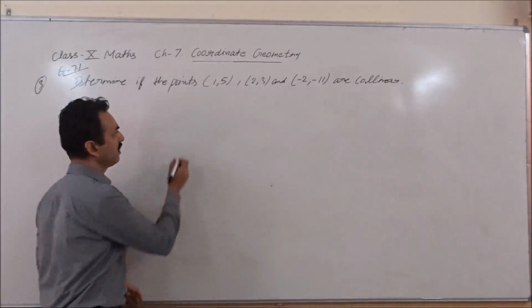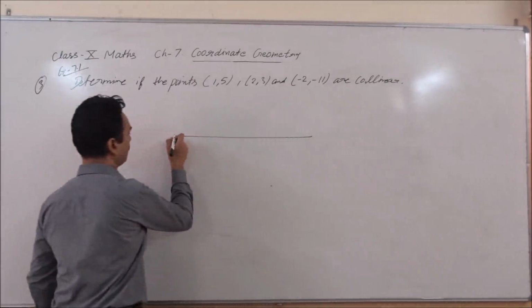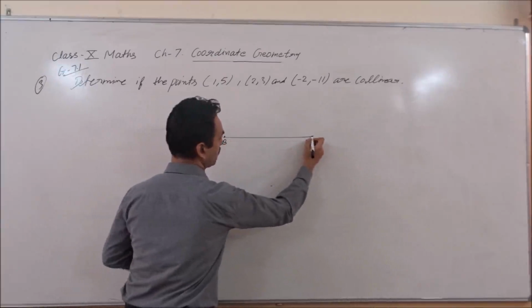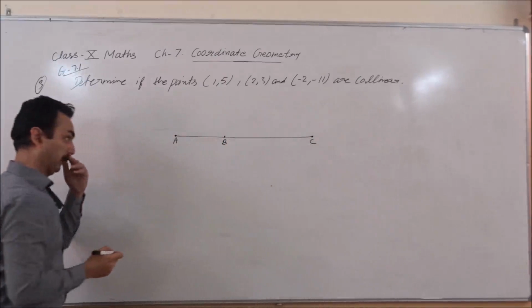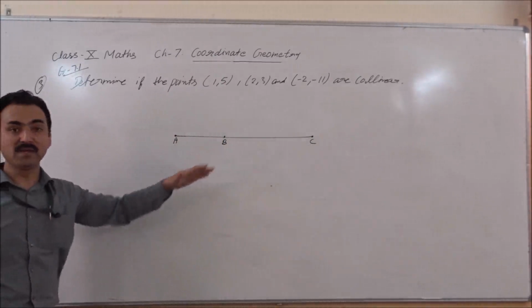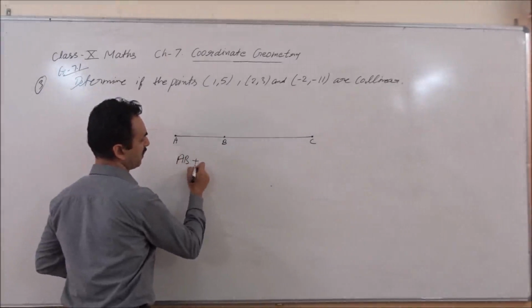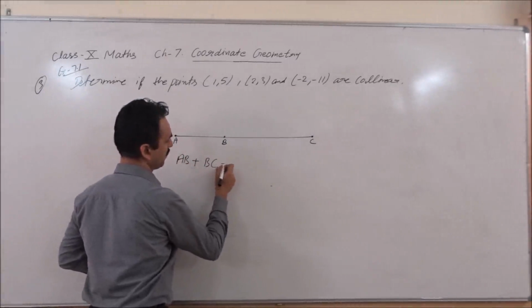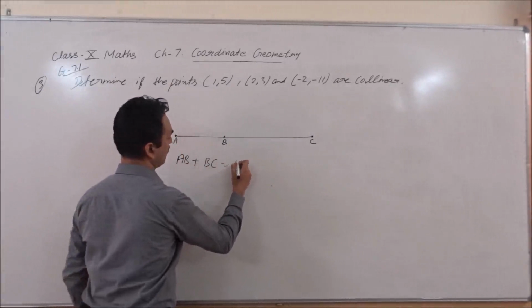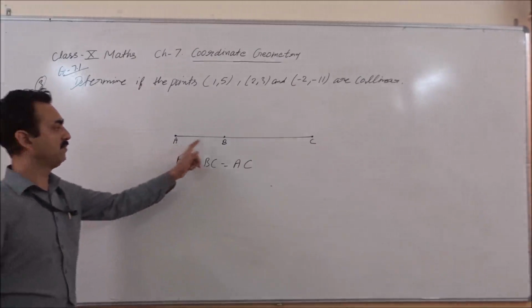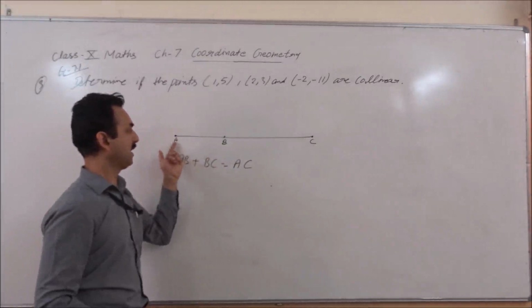Collinear means they will lie on a line. Suppose this is A, this is B and this is C. If these 3 points are collinear, it means AB plus BC equals AC. Right? AB plus BC equals AC.